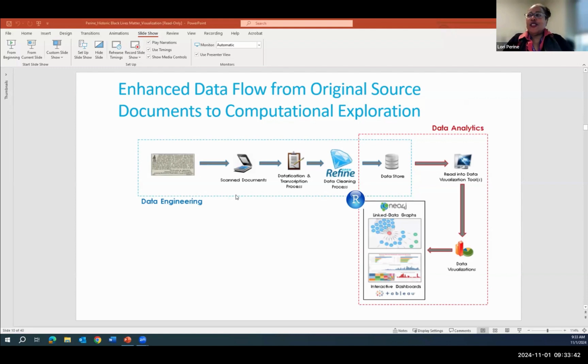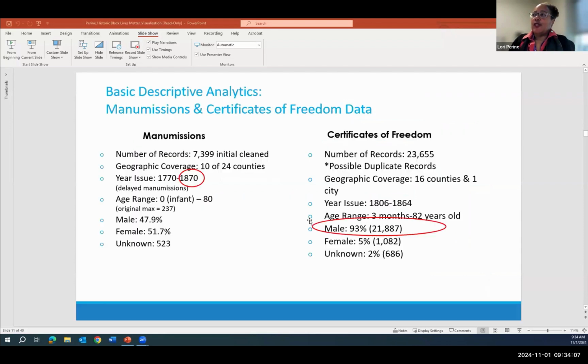But it gives you a sense that the data is coming from these documents. It's scanned in some way, transcribed, datafied, and then we took some of that digitized, datafied information and began cleaning it and getting it into a form where we could analyze it with various computational methods.